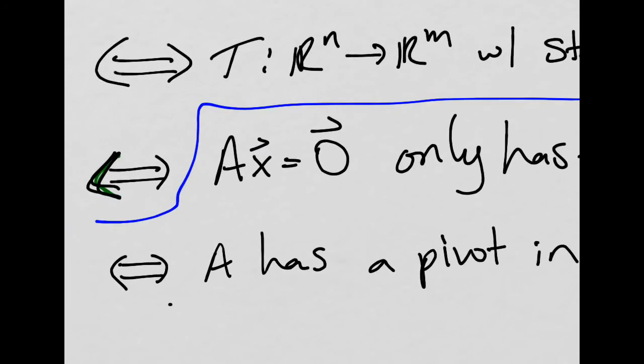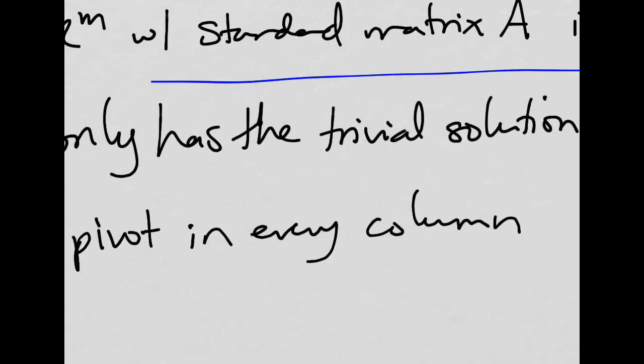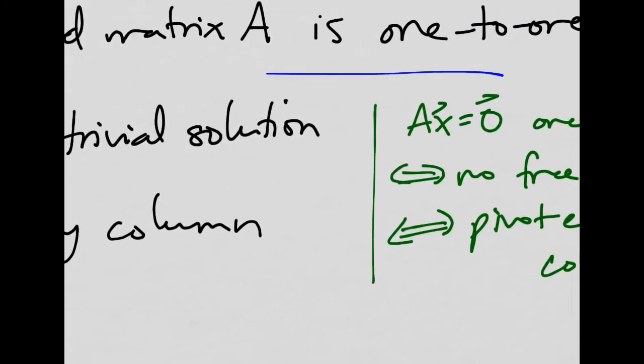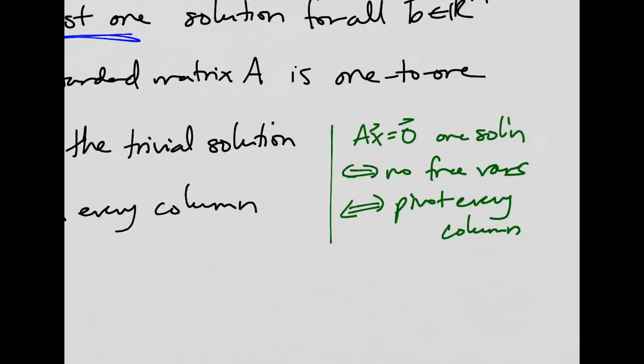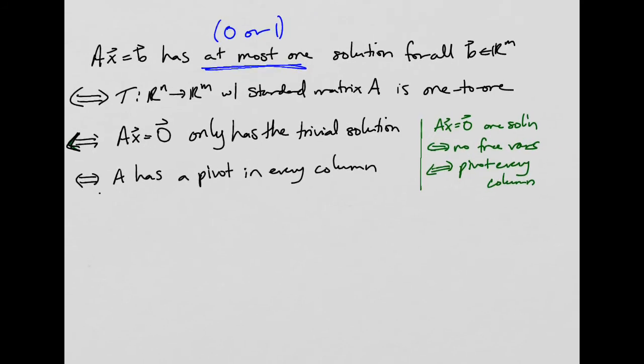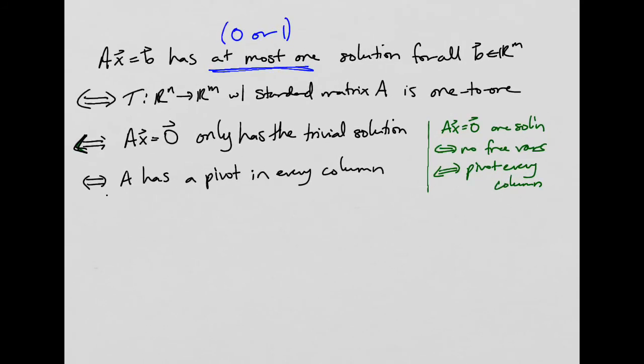Let me zoom in. Let me do something awkward in a video and zoom in. Erase this blue line so it's no longer in the middle of everything. I was trying to figure out good ways to incorporate the zoom function in my videos, but never really came up with one. Maybe in a future one, we'll see. Anyway, so we have this string of 4 if and only if statements now. These are all equivalent to each other.